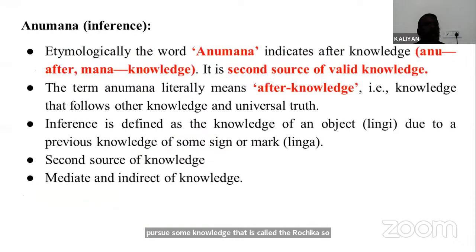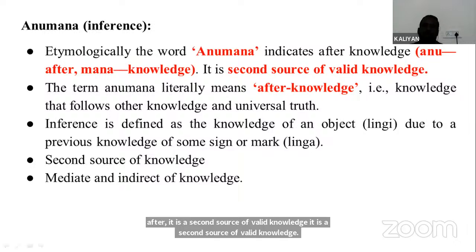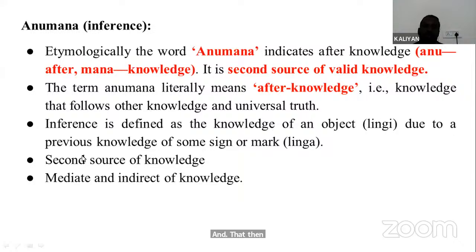Next is anumana. Etymologically, the word anumana indicates after knowledge. Anu means after, and mana is knowledge. It is the second source of valid knowledge, a knowledge that follows other knowledge and universal truth.